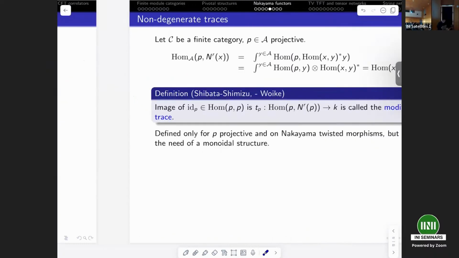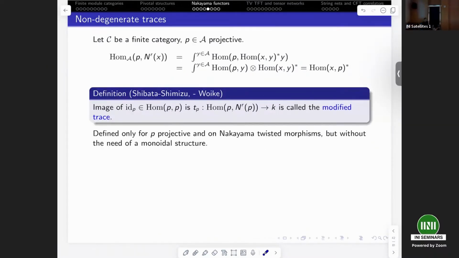If we specialize this now to the case where X is equal to P, then you see in this space, Hom(P,P), there's a distinguished element, the identity.